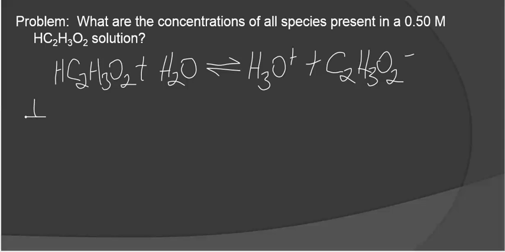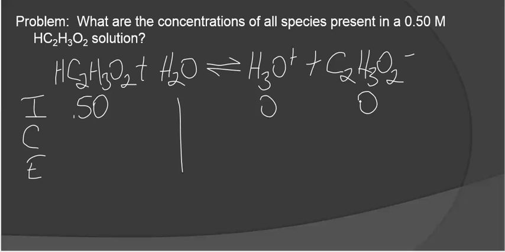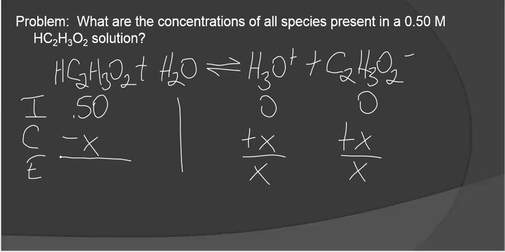And we're going to do an ICE box. Initially is 0.5 molar. Products are 0. We don't know any of the equilibrium concentrations, so we're going to have to use a variable. We'll use x. So products are plus x, and reactants are minus x.